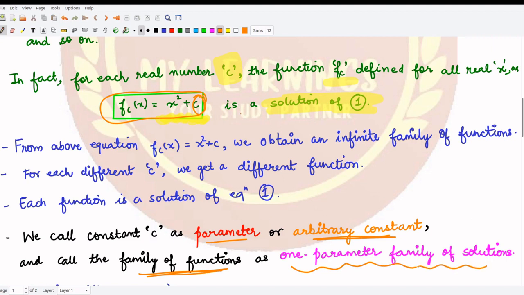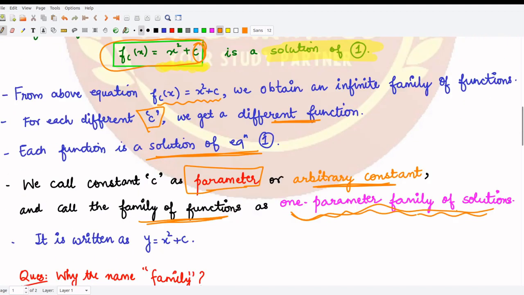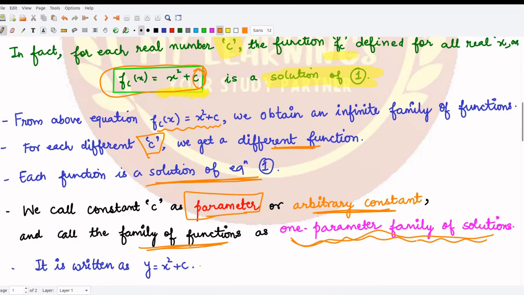So here we see that this f_c(x) equation gives you infinitely many solutions. Whenever you change the value of c, you get a new solution, right? And each function here is a solution of this differential equation, because it satisfies your differential equation, right? We call this c a parameter, and we call this function a one parameter family of solutions, correct? So now we can write the solution as y is equal to x square plus c.